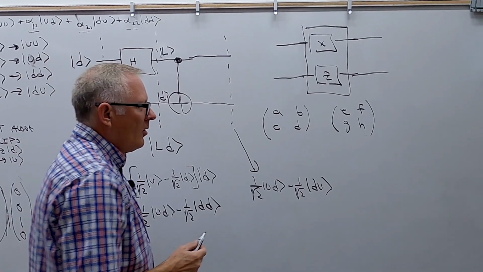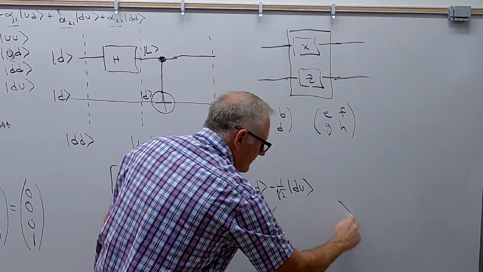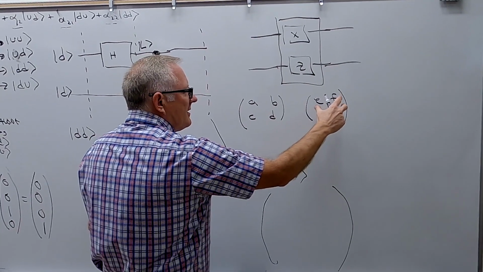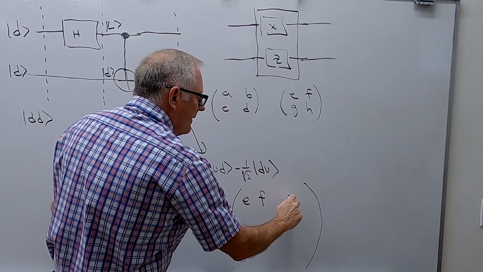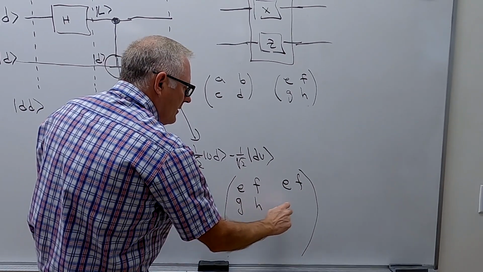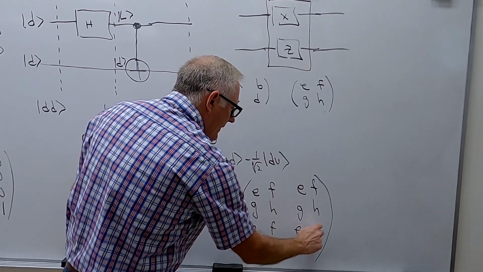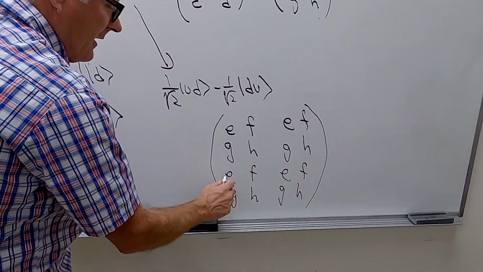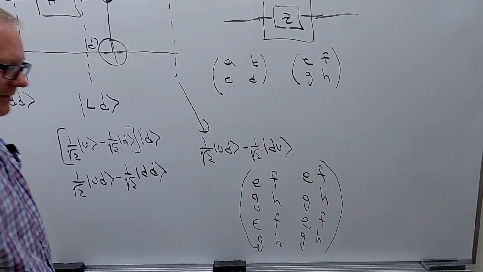Well, it's going to be a 4 by 4, and what you do is you just copy this down, E, F, G, H, E, F, G, H, E, F, G, H, E, F, G, H. So all I did was take this and put it here, here, here, and here to make a 4 by 4.